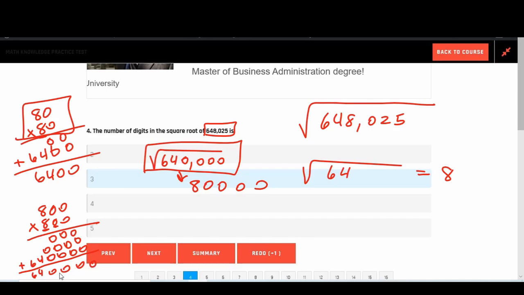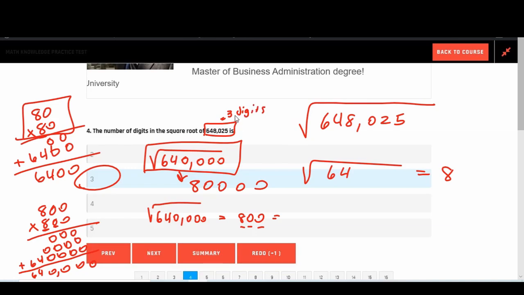So we can see that the square root of this is 800, which is 3 digits. Therefore, I know the square root of this is going to contain 3 digits.